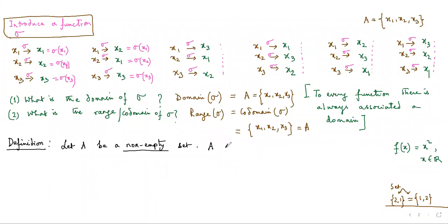A permutation from now onwards will be defined as this: a permutation of A is a bijection, or rather I must say a bijective mapping of A onto itself.